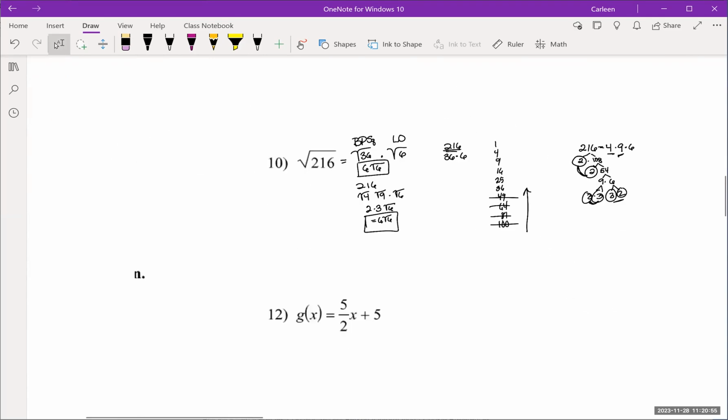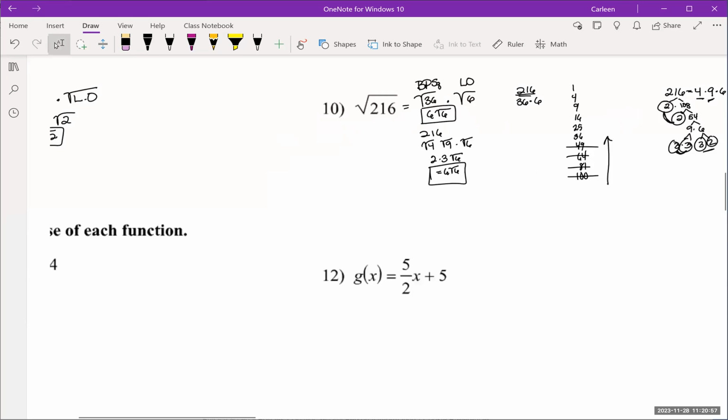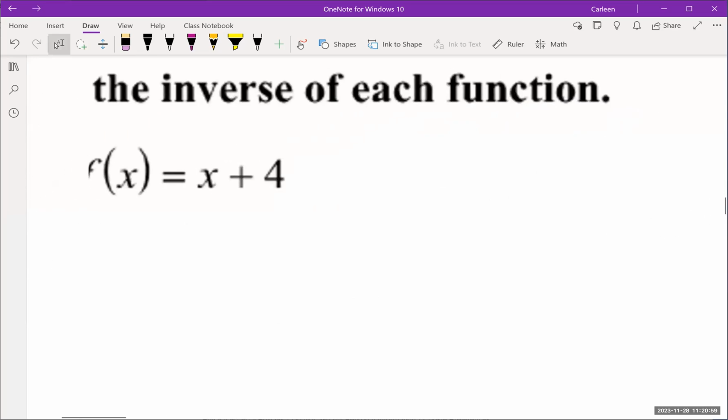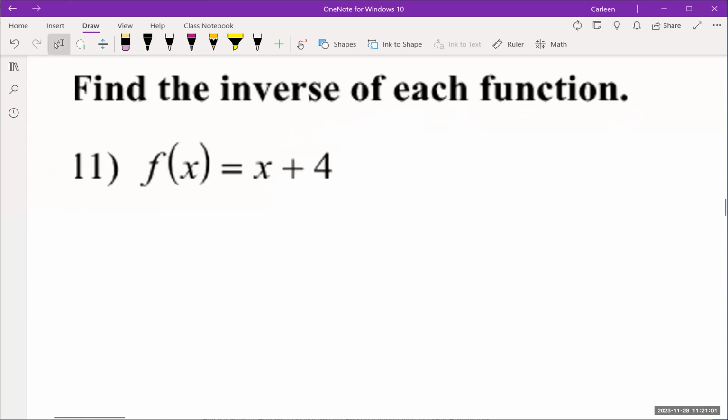Next topic, knowing that this is a week's worth of math, including some review. Okay, inverse. Now, the variable, what is the variable in this problem?